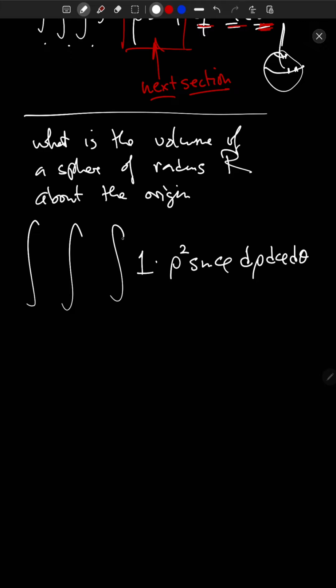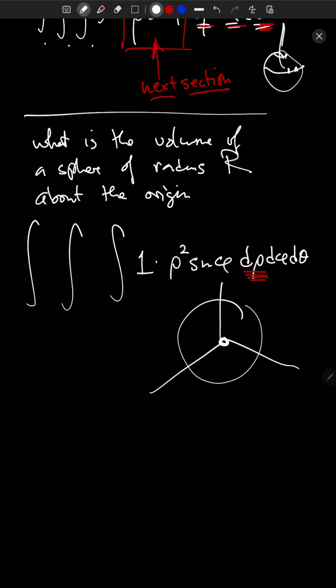What are the limits of integration? So for spherical coordinates, our d rho integral, if we want to draw a picture like the lines from rectangular coordinates or whatever, is going to be represented by rays that come from the origin.